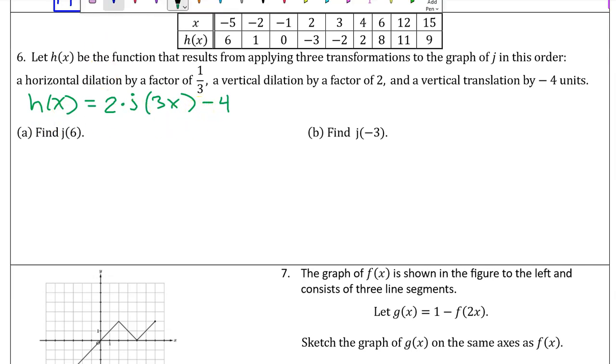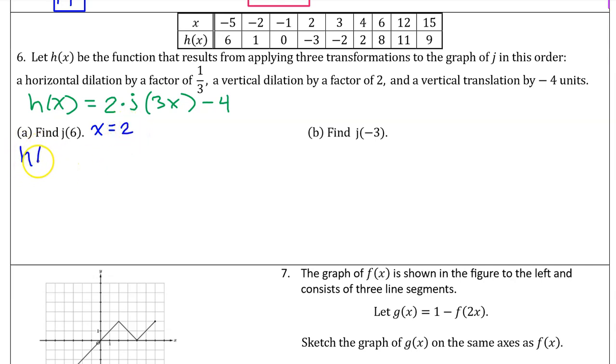Now, for part A, we need to find j at 6. We need the expression j at 6 to show up right here. So we need to pick a value of x that will cause j at 6 to appear. Let's let x equal 2.